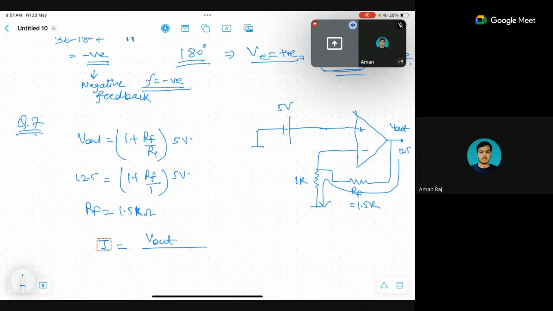V out divided by RF plus R1. So V out is 12.5, RF is 1.5, and this one is 1. So this is 2.5 K. So it is a 5 milliampere. Okay.